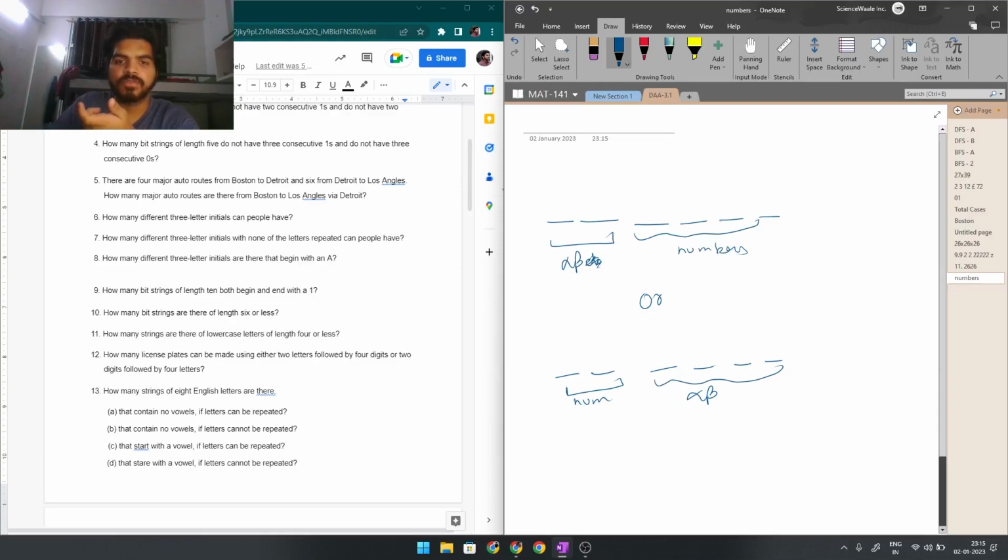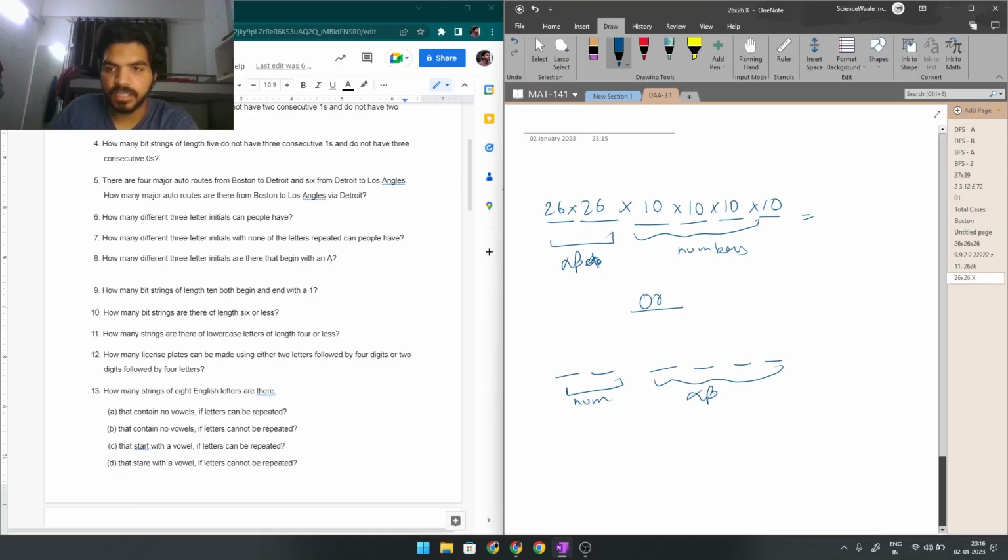Now, if the first two are alphabets, we have 26 options here, 26 options here, and each of the four numbers having 10 options, 0 to 9. So that will be 10 into 10 into 10 into 10. Since all of them in this part are joined by and, we will be using product. And since we are using or, we will be adding the cases.